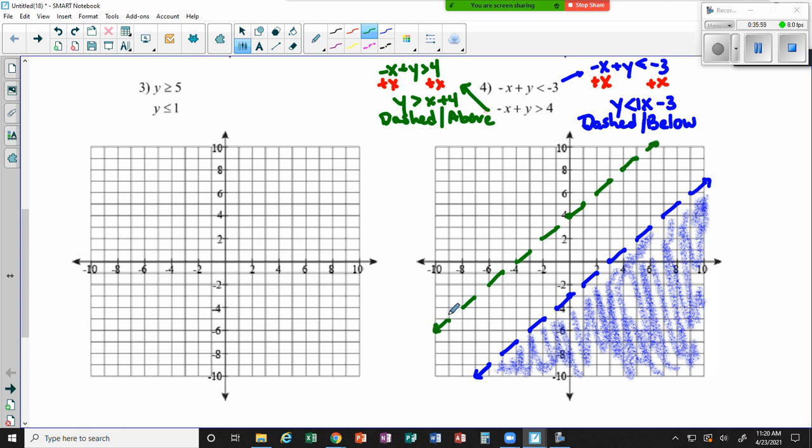Okay. Now my shading, we said we have to shade above. So I put my pencil there and I go above. I want all the y values greater than this line, so it's everything above that line.